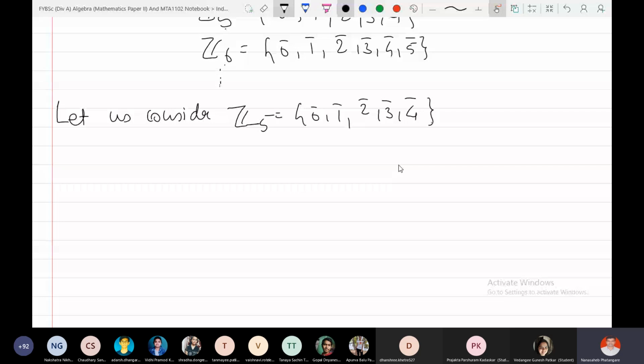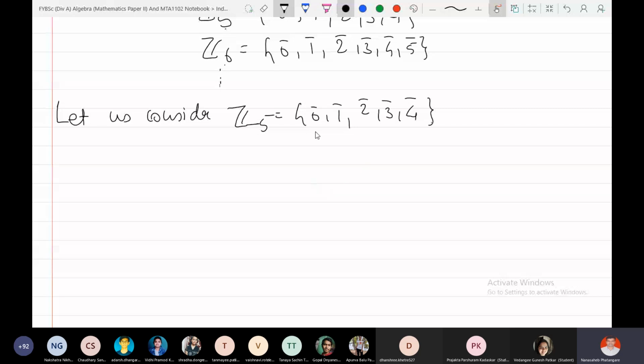I want to study the algebra of this set. Algebra means you have some operations like addition, multiplication, and so on, and you study that particular set with respect to addition and multiplication.